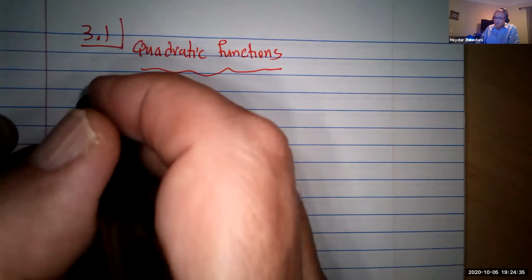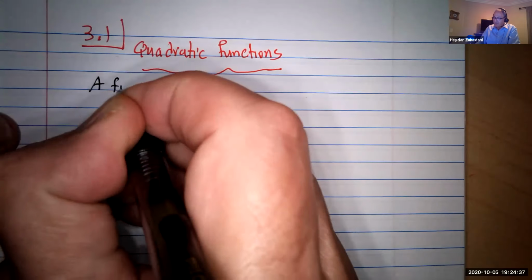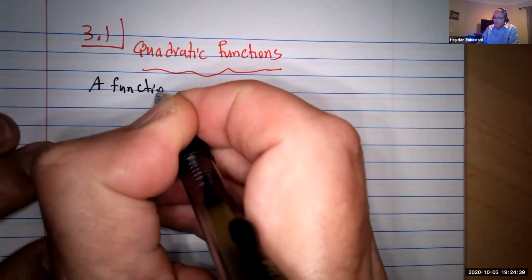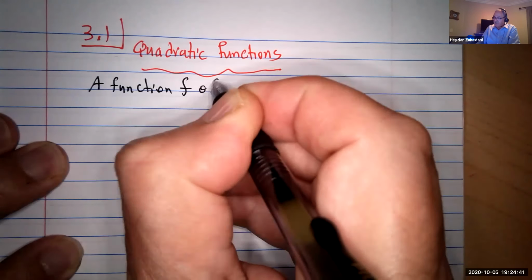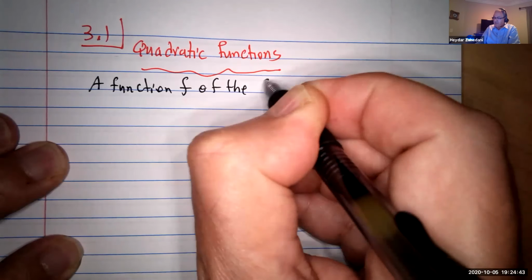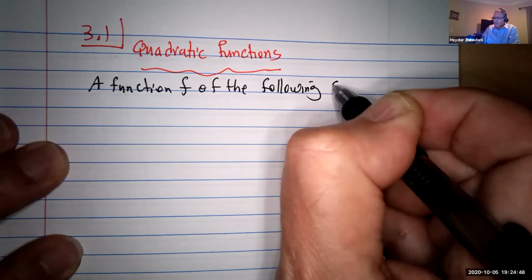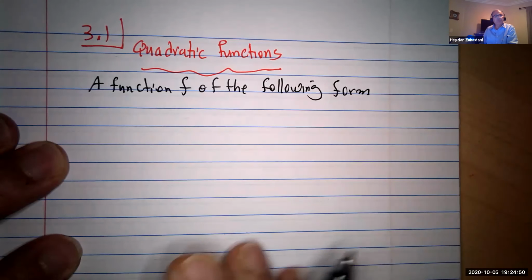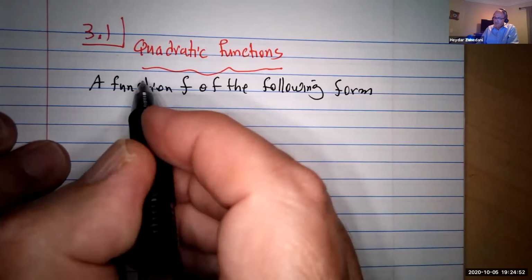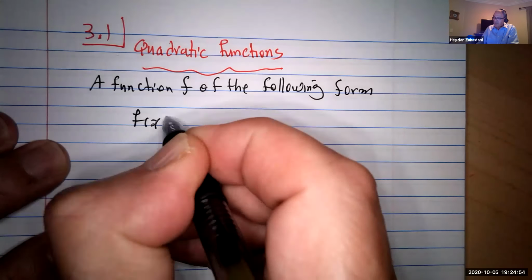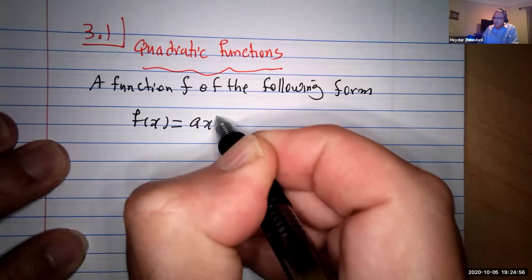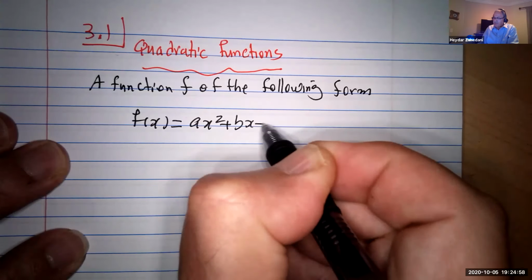This is it, a function. Function f of the following form. The form would be f of x equal to ax squared plus bx plus c.